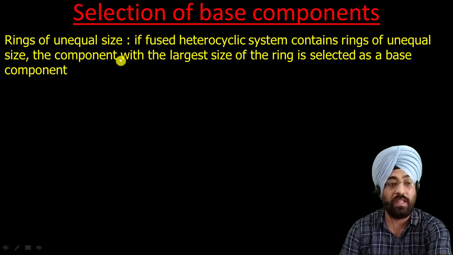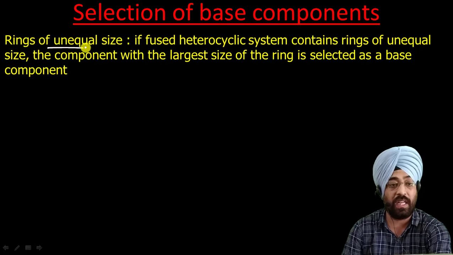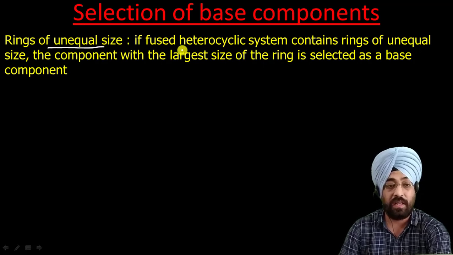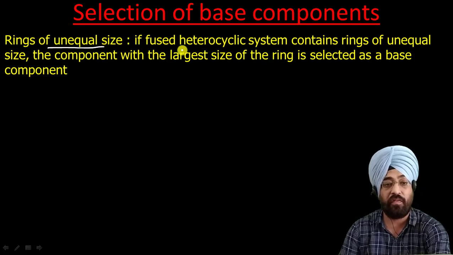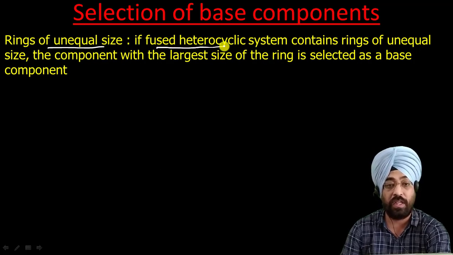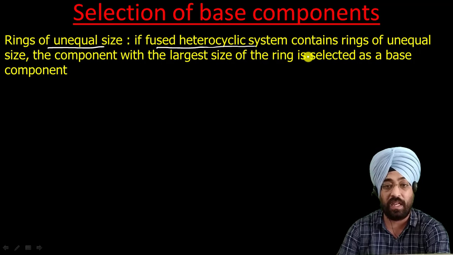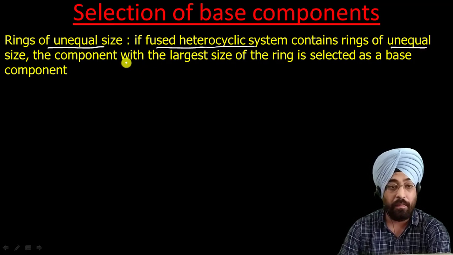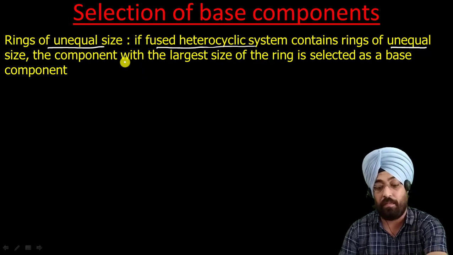Now the next rule is, if we have rings of unequal size. Now we are considering all the different possibilities that may be possible. This possibility is that if a fused heterocyclic system contains rings of unequal size, the ring size is different but the heteroatom is the same.